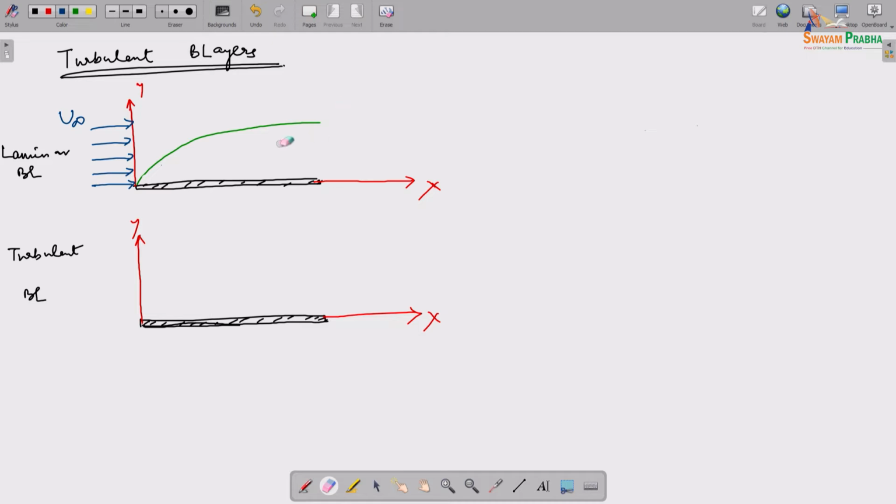Now, let us just say we take a couple of locations. Say I will take these 2 locations here. This is location x 1, this is location x 2. How will the velocity profile look like?